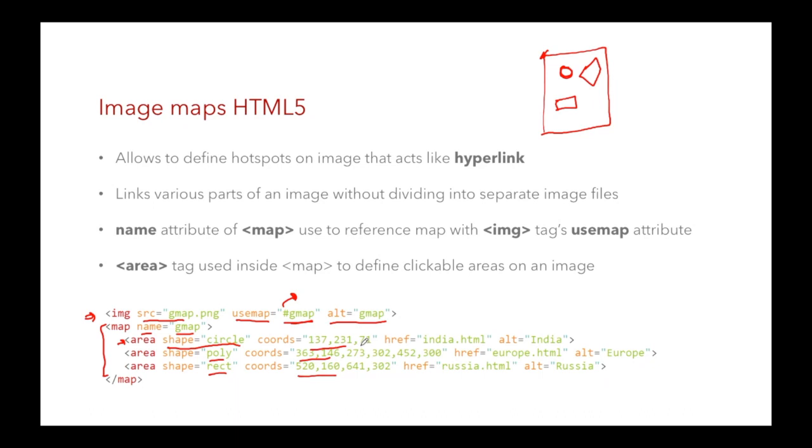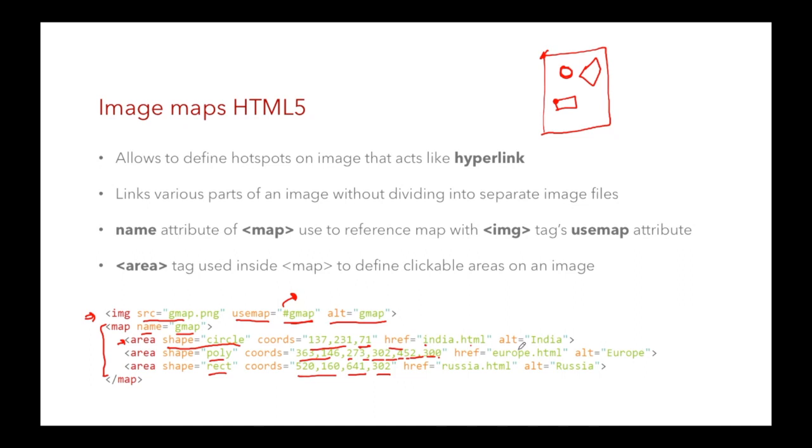In case of a circle, this is the radius, and in case of polygons, these are different locations in the image, and in case of a rectangle, this is the width and height of the rectangle starting from one corner. Then we specify href, where the user should be navigated to when they click on that particular area. I think with the help of one example, you'll understand it better.